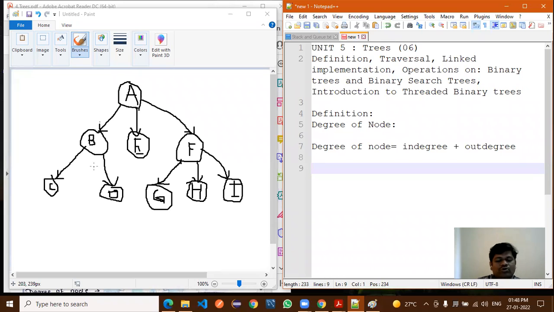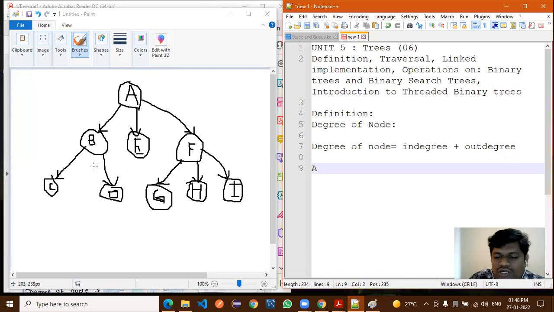So in degree of a node means the branch is directed towards the node, and out degree means the branch is directed away from the node.